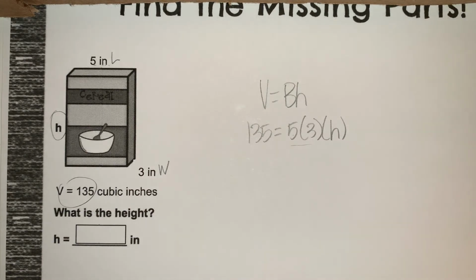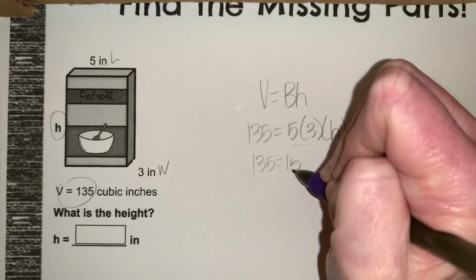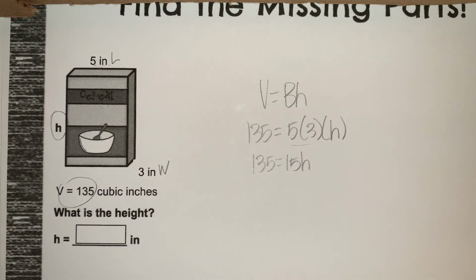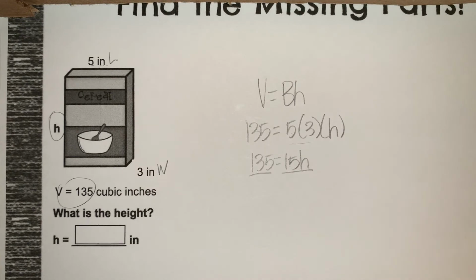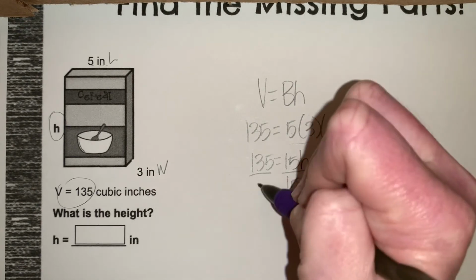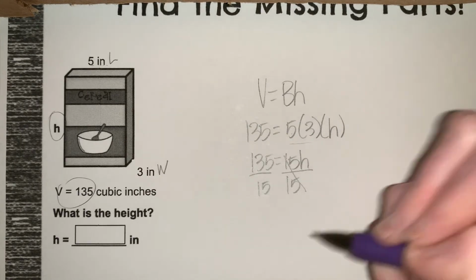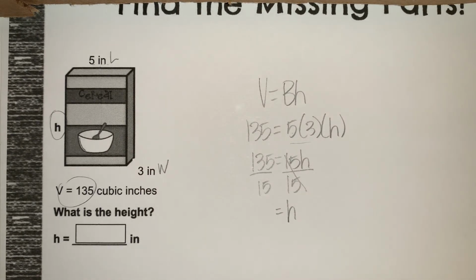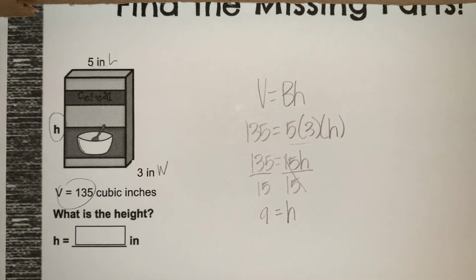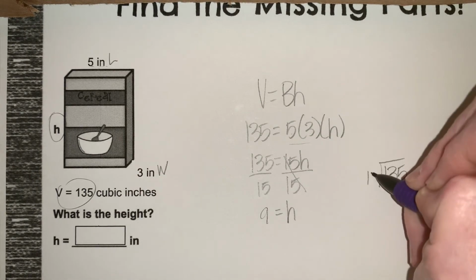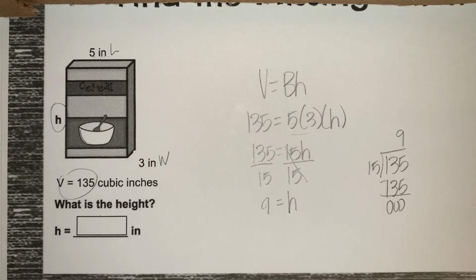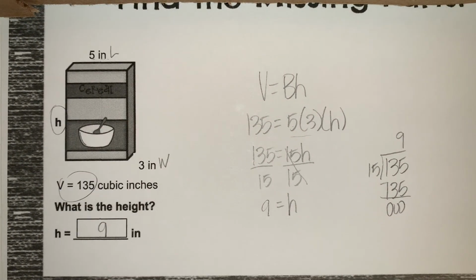So we're going to go ahead and multiply 5 times 3, which is 15. 15 times some number equals 135. We're solving the equation by isolating the variable. We see multiplication, so we're going to divide both sides by 15. 15 divided by 15 leaves us h, and 135 divided by 15 is 9. Fifteen times 9 is 135. So the height of the cereal box is 9 inches.